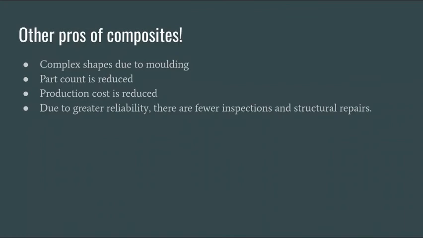And also, since we are using 2 materials in their liquid form and then they are solidifying in a mold, we won't have to use many parts to make a product. It's really just that product will be made after it is made a solid in that mold. And because of all of these part counts being reduced, production cost can be reduced.